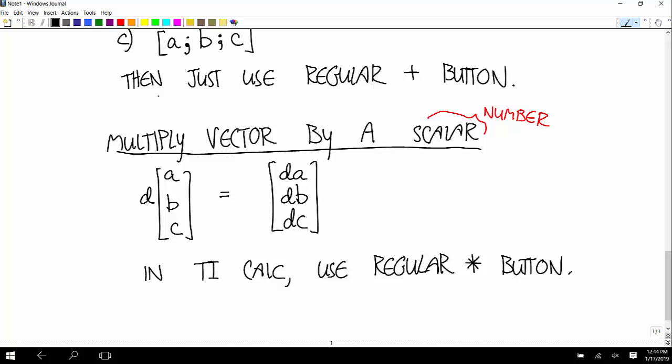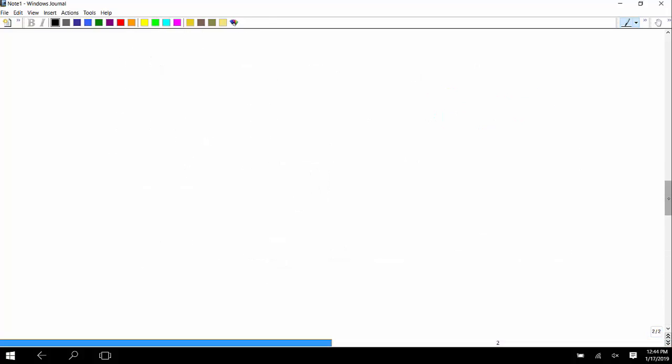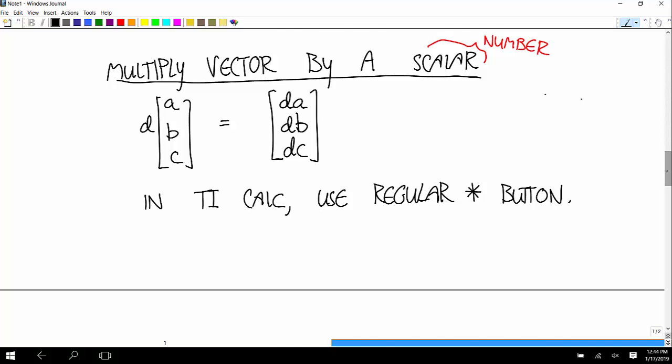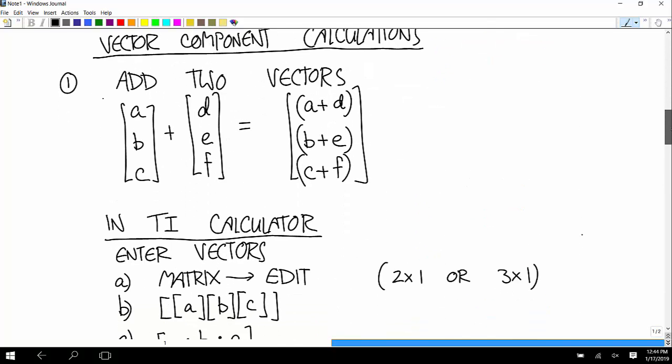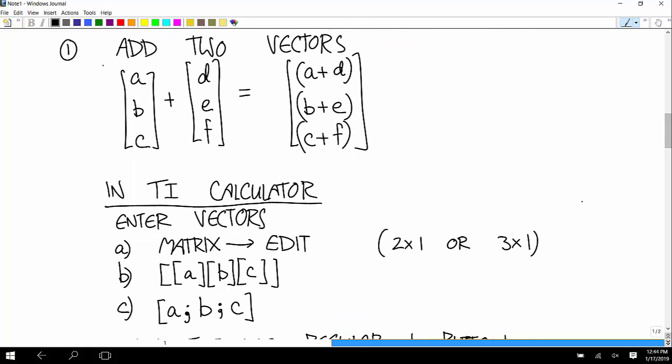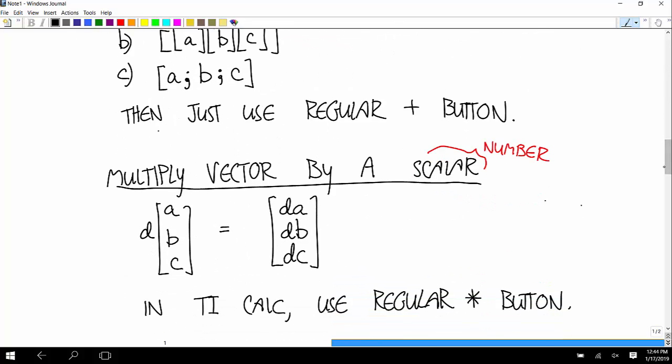So those rules for adding vectors and multiplying vectors by numbers are just built into the calculator. I numbered add two vectors as number 1, and let me multiply a vector by a scalar, so that's number 2.